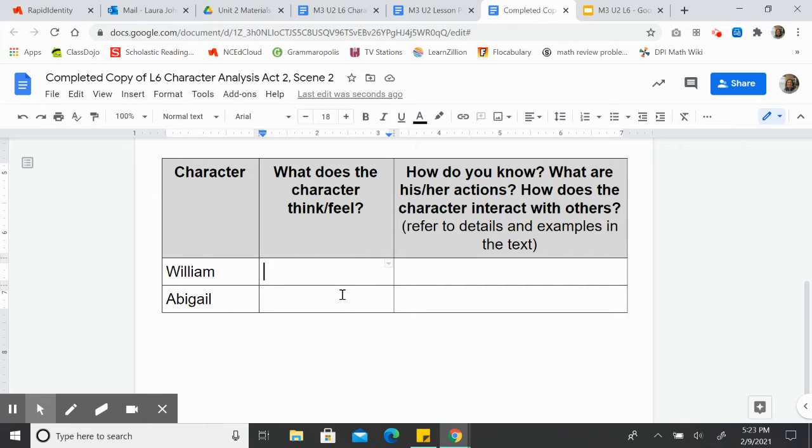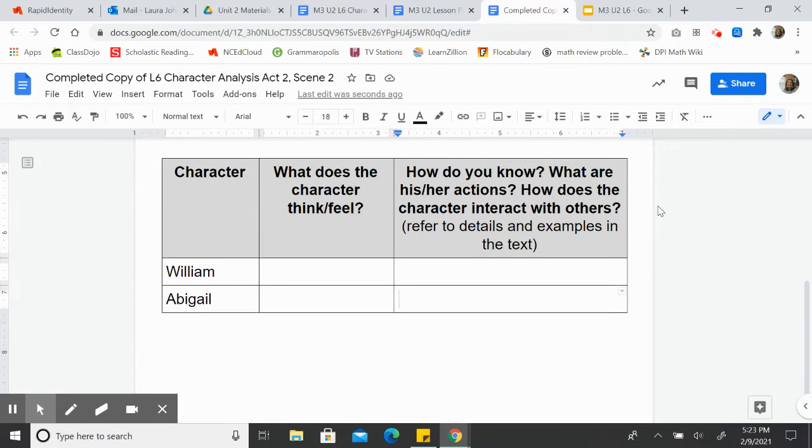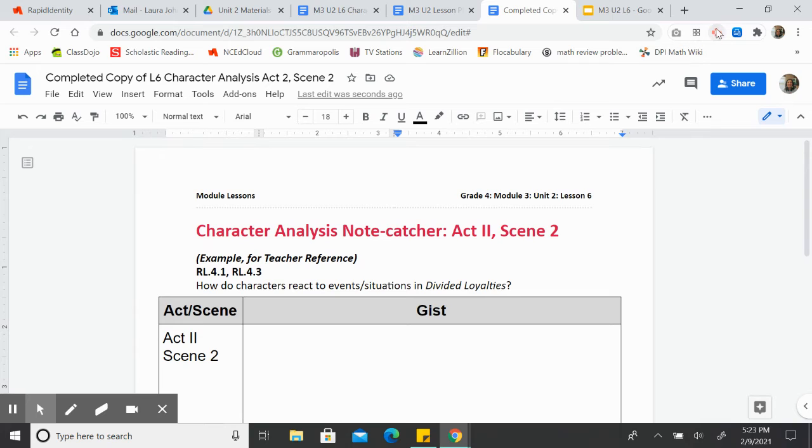And using Act 2, Scene 2 of your Divided Loyalties book, I want you to tell me what William thinks and feels and how you know that based on examples from the text. Also, how does William interact with others based on examples from the text? Then do the same for Abigail, please. Right? So go ahead and pause and complete pages 64 and 65, and then unpause and compare to my answers, please.